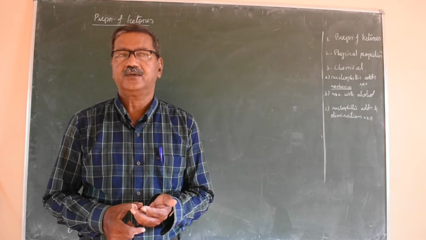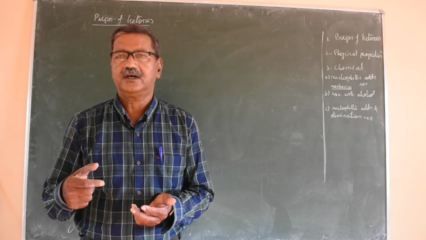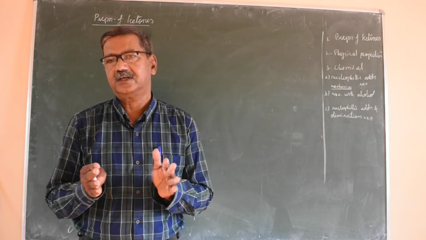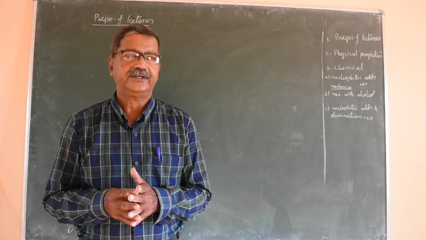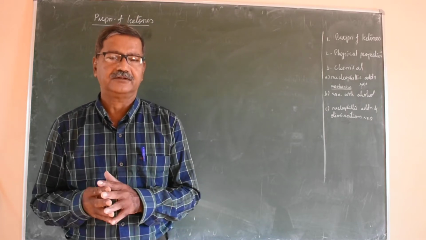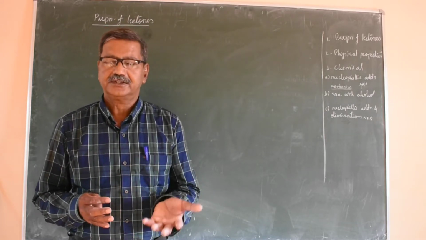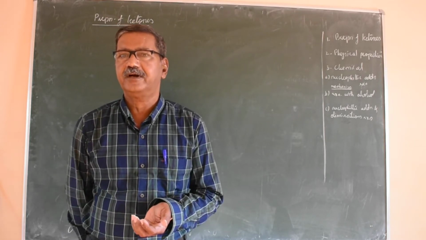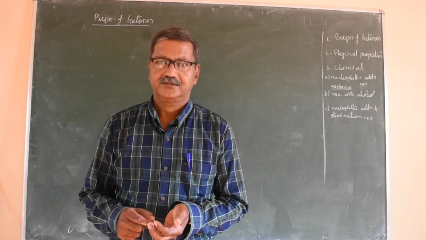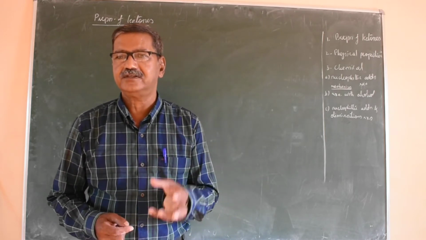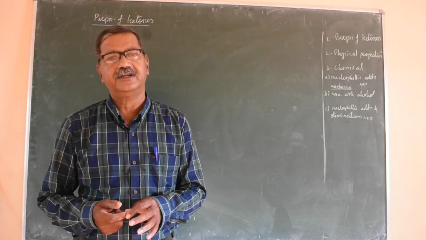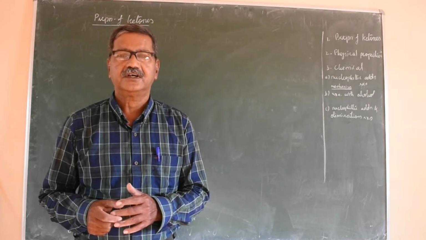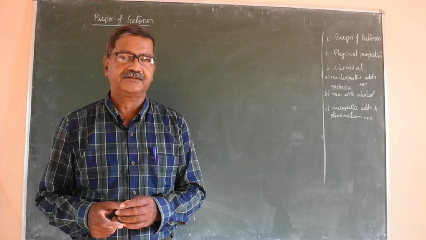preparation of ketone from dialkyl cadmium and acyl chloride, that is RCOCl. Second method, ketone can also be prepared by the Friedel-Crafts reaction. In the Friedel-Crafts reaction, benzene is treated with acid chloride, that is RCOCl, in the presence of anhydrous AlCl3.